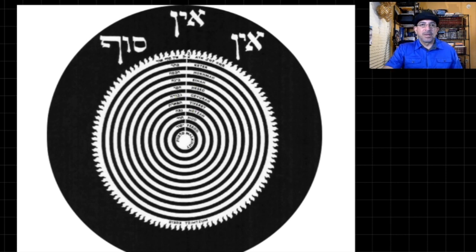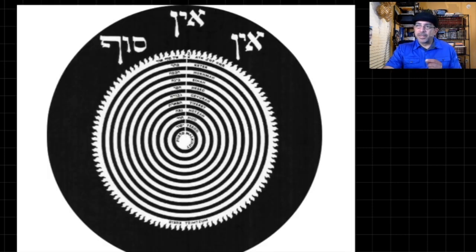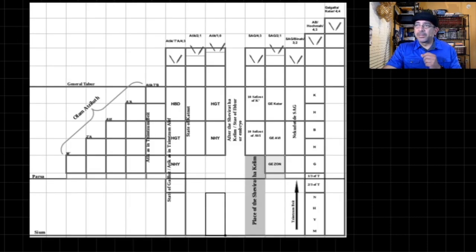Okay, let's go to the next. So remember when I mentioned, let's go back here first, this line right here? Put in your mind, this is the line, this first block right here.